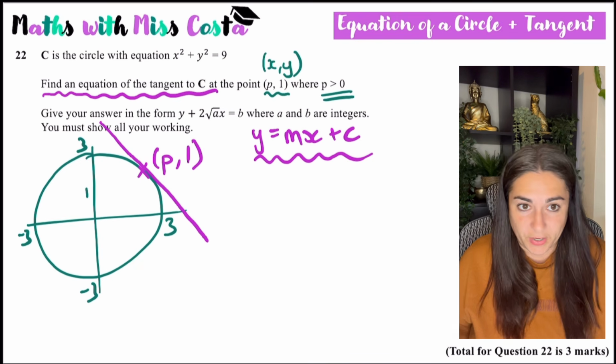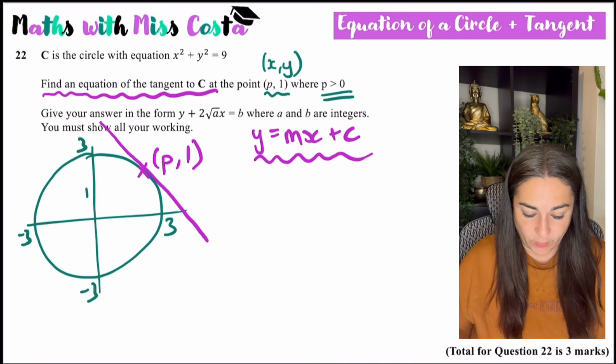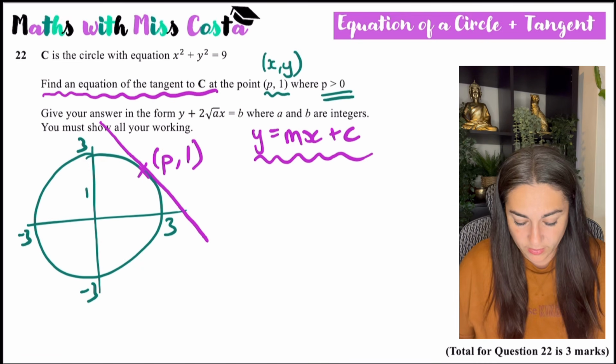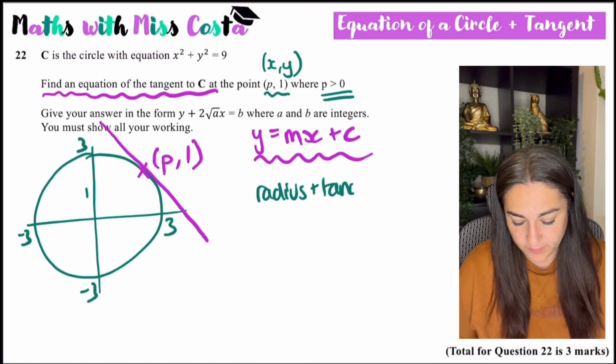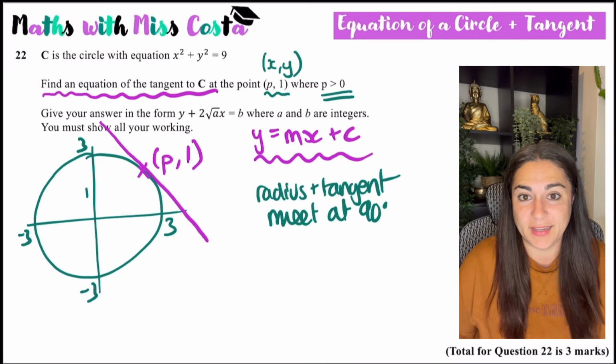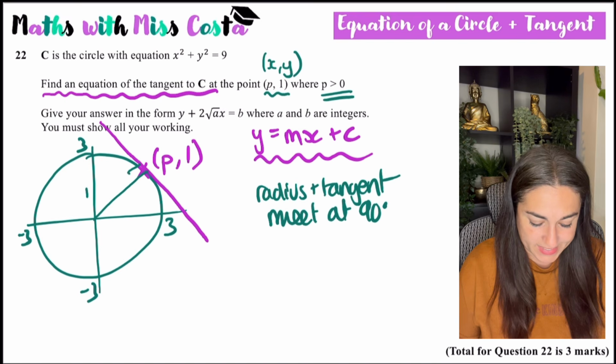The fact that they've told us that this is a circle means that we can use the fact that radius and tangent meet at 90 degrees. This is from circle theorems, and if they meet at 90 degrees, that means that they are perpendicular lines.